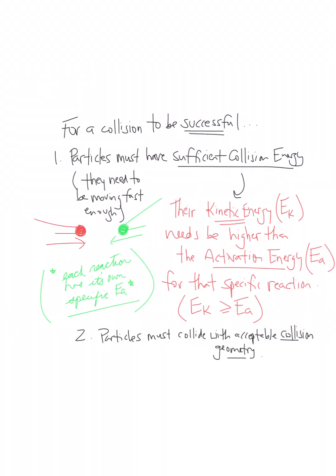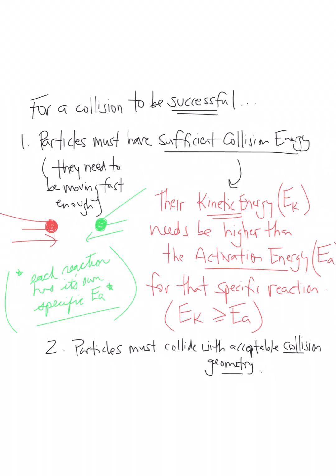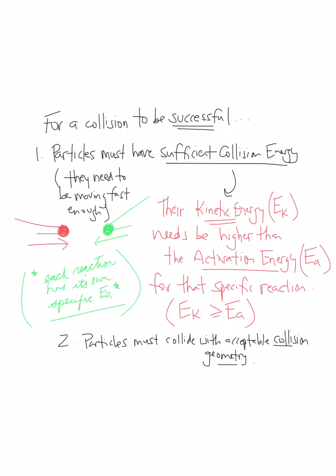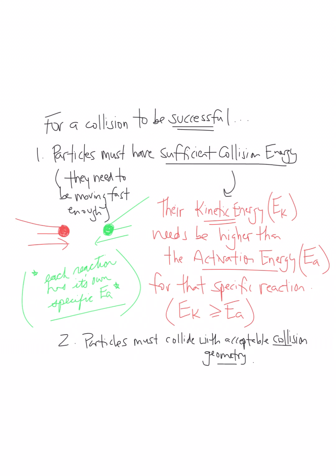So for a collision to be successful, how does a collision actually end up being what we would deem a successful collision, meaning one that will result in a chemical reaction? Well, the first thing that has to be correct is particles must have sufficient collision energy. So they must have what we often call the minimum collision energy necessary.